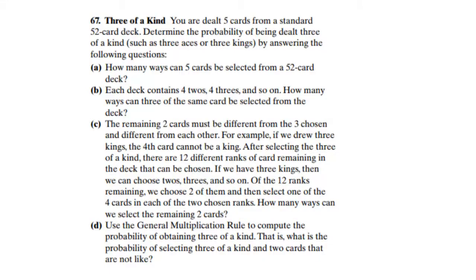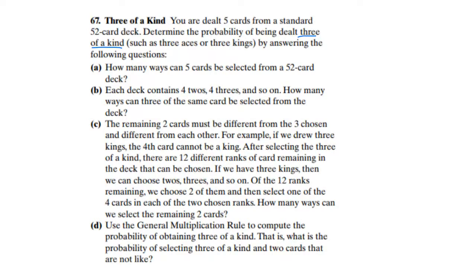And I want you to think back to that defective sampling problem as I'm talking here. You see, here's what is happening. First, we pick the card that we're getting, the 3 of a kind. But then there's 2 other cards that you have to have.